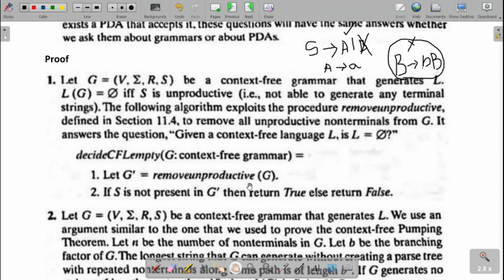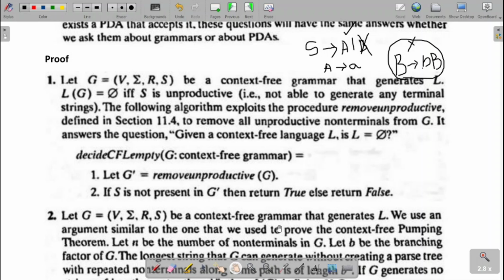Then we can return true or false. What do we mean by a productive one? Under some conditions, they are going to halt and give us the result. That is a productive one.